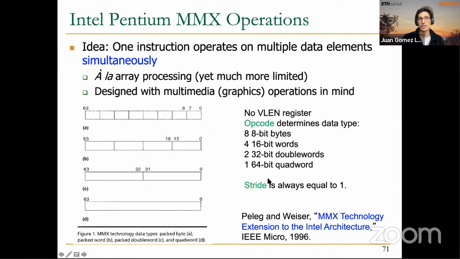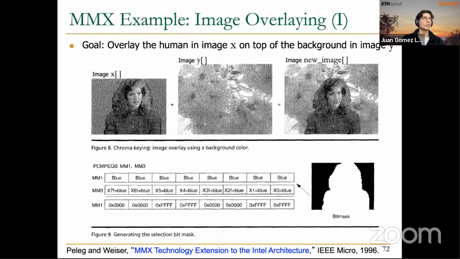The limitation here is that the stride should always be equal to 1, and that's why we cannot consider this a complete array or vector processor, but kind of a simplified way of doing SIMD processing in current CPUs. And if you want an example here, you can see a simple example where we want to do the overlay of a human in the image X on top of the background in image Y.